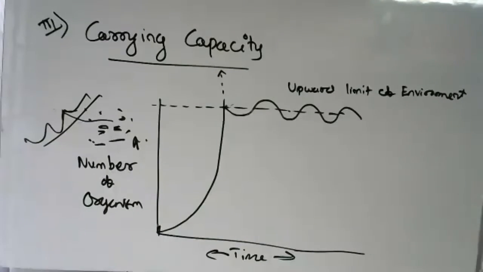These are because of a sudden rise in the population density for a short period, followed by a steep fall after some time.